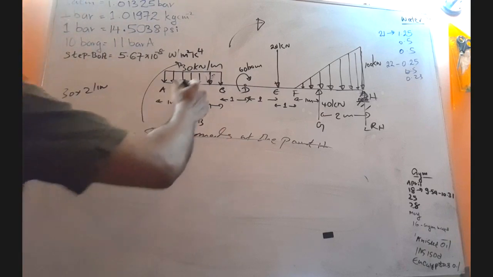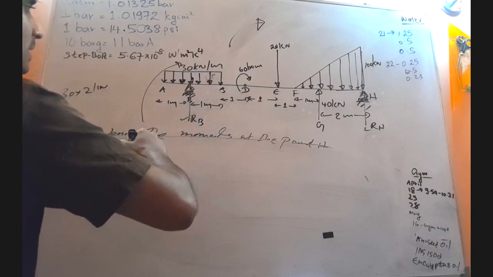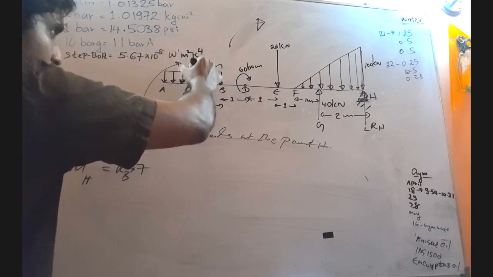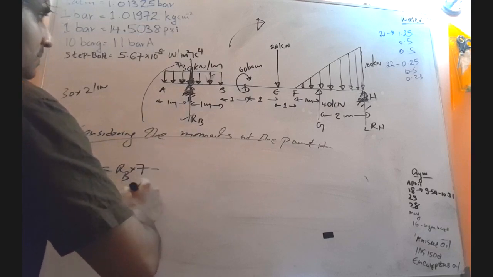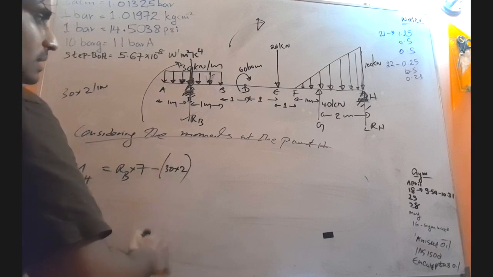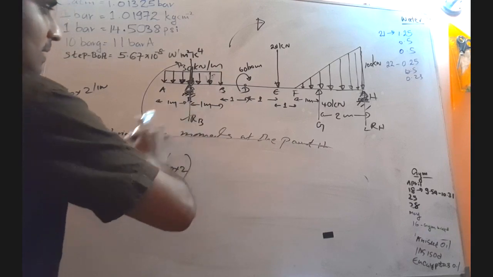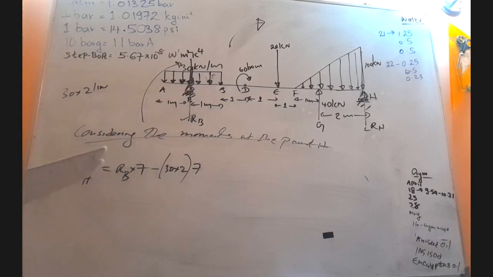If this is 2 meters, the center position is here, and it acts in the downward direction through the center of gravity. So then minus 30 into 2, that is one part, okay? And the distance acting here is 7, right? So now you got it, right?